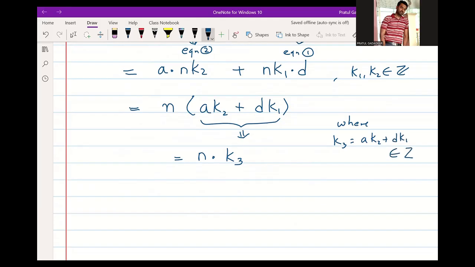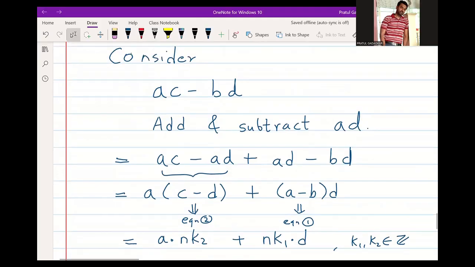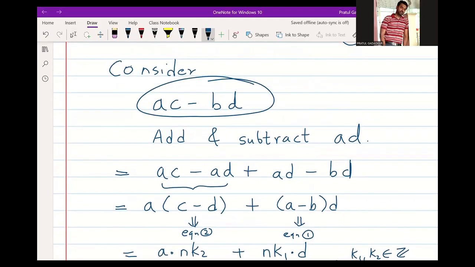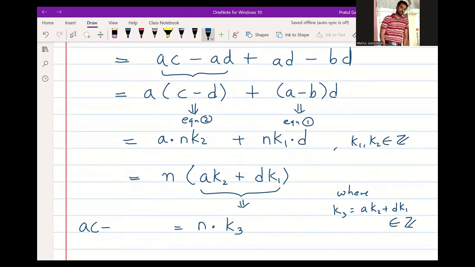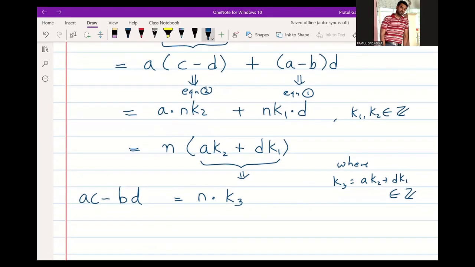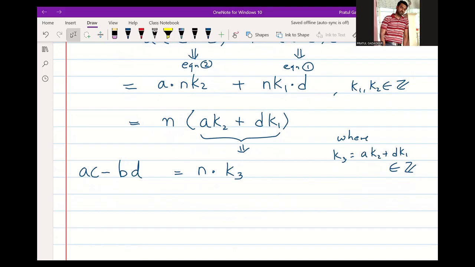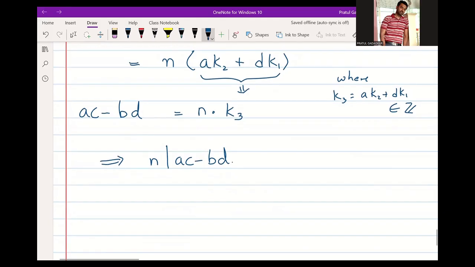So I started with AC minus BD, simplified it, and showed that AC minus BD is n times K3. It means certainly n will divide AC minus BD. This is the definition of A divides B.